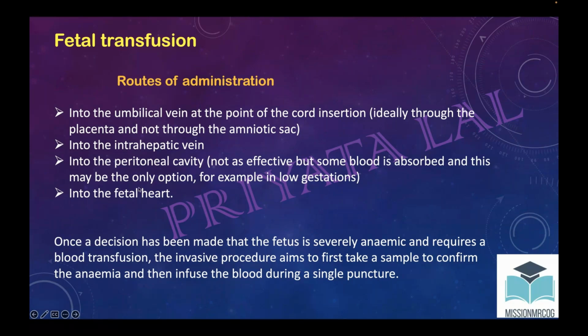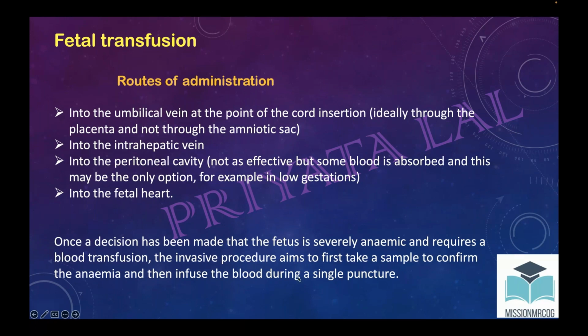So these are the routes of fetal transfusion. Once the decision is made and the fetus is anemic, for the invasive procedure we first take a sample again for the blood group and to confirm anemia, and a single puncture blood transfusion is done. That is understandable, as we will not do two punctures.